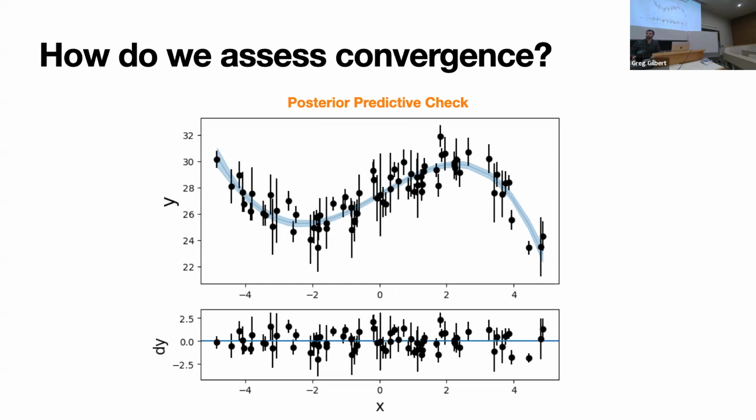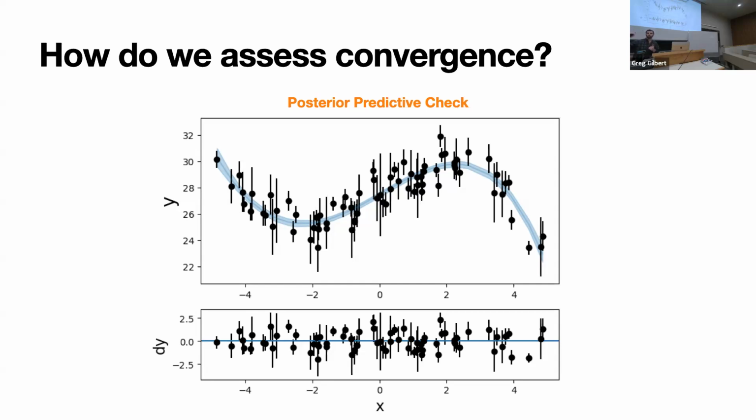So the simplest thing you can do is a posterior predictive check, which is just fancy statistics language for make sure the line goes through the data. That's all that it means. You just plot your data. You plot the posteriors on your model. In this case, I've plotted the median and then the 16th to 84th percentile.